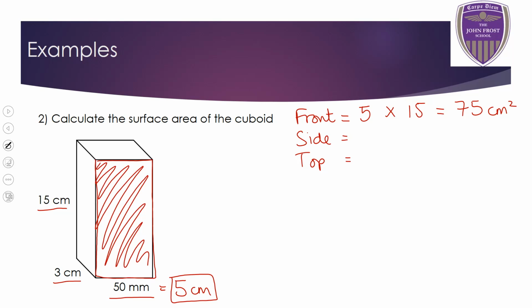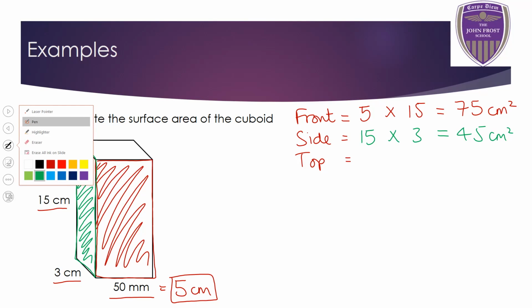All right, then we'll do the side. So the side is this rectangle here in green, look, just the 2D part. So that's 15 times by 3. Okay, 10 times 3, 5 times 3. Put them together, 45 centimeters squared.